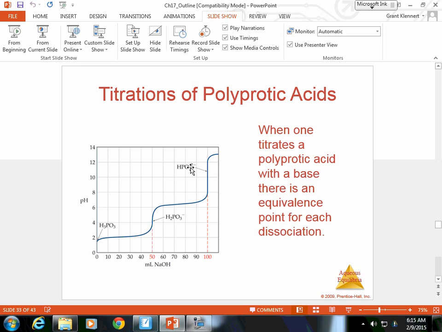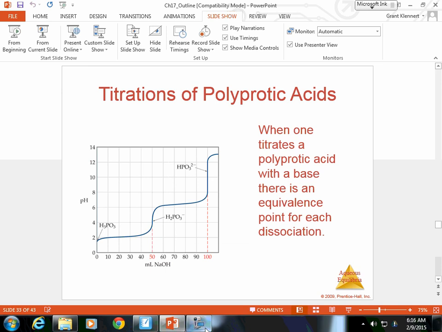So you're going to have two dissociation curves, one when it loses its first H, one when it loses its second H. So very important to note when you're titrating polyprotic acids, you're going to have multiple equivalence points, particularly when you have an acid that has 3 hydrogens to give up, as is the case with phosphoric. Not so much with 2, you'll see this a lot more generally with 3. So just a reminder, when you're titrating polyprotic acids, you're going to have multiple equivalence points.